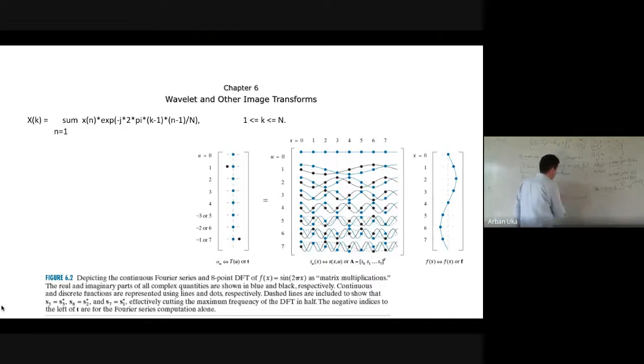So all of these terms, this exponential carries the terms: minus i is always there, the 2 pi is always there, and then we have also 1 over n, where n is equal to 8.